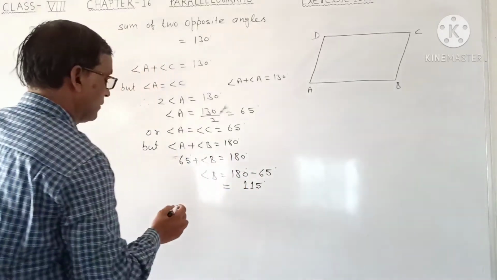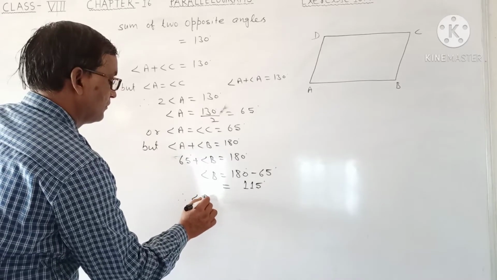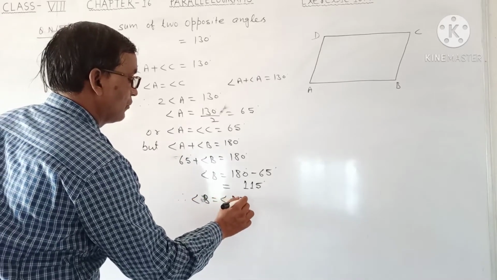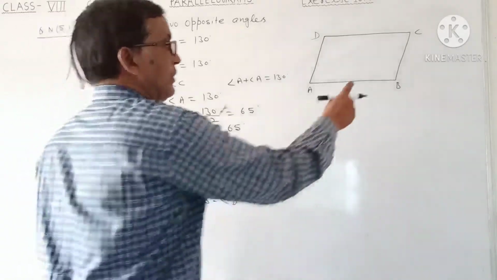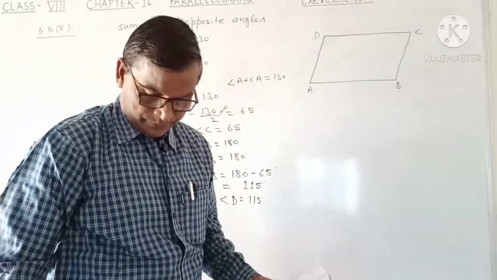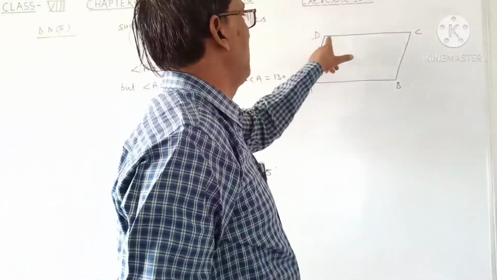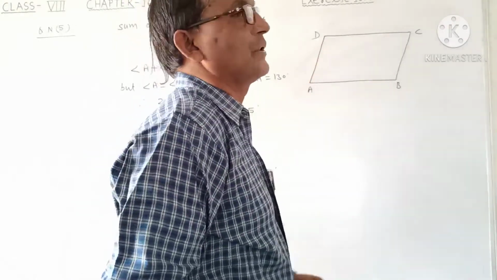Thus angle B equal to angle D equal to 115 degree. Angle B equal to angle D, opposite angles are equal. एंगल B और एंगल D ये 115 डिग्री के होंगे और एंगल A एंड एंगल C 65 डिग्री के होंगे.